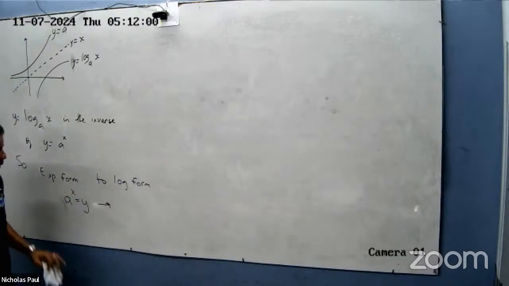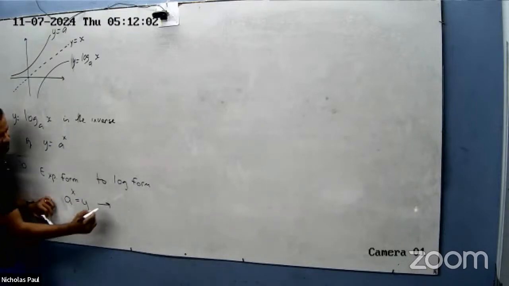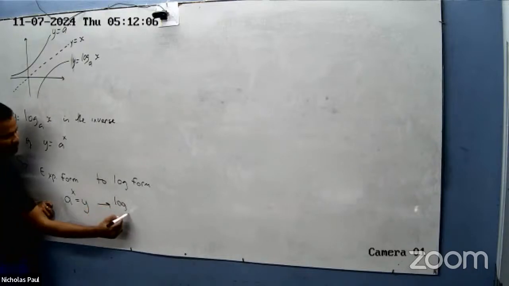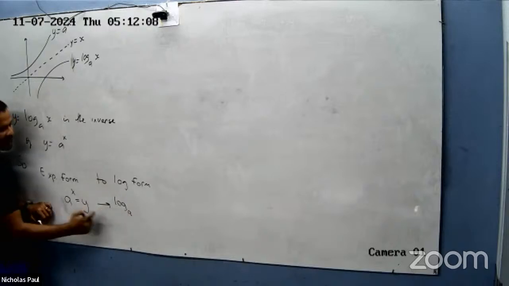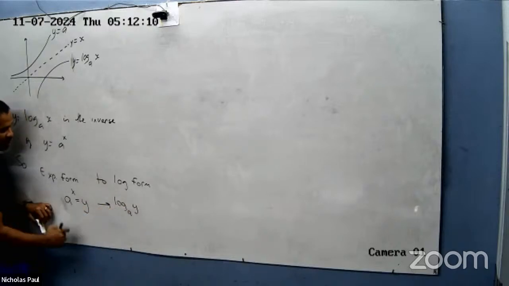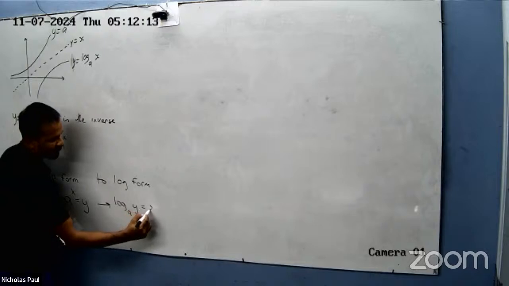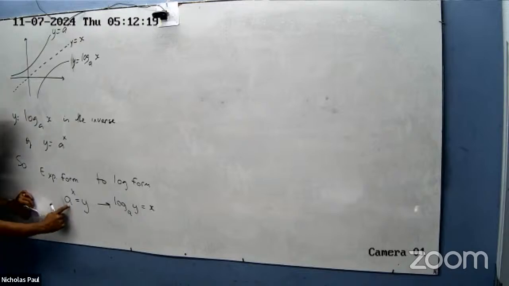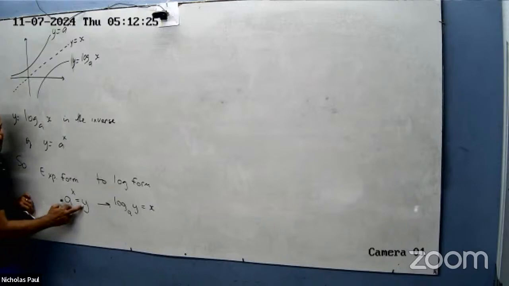If I want to convert it to logs, this will be log. This a becomes the base. This y becomes the value of finding log of, and x becomes the answer. So to go from exponent form to log form, this is the base, this is the value of finding log of, and this here is the answer.